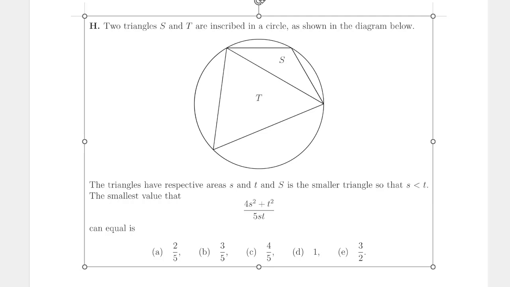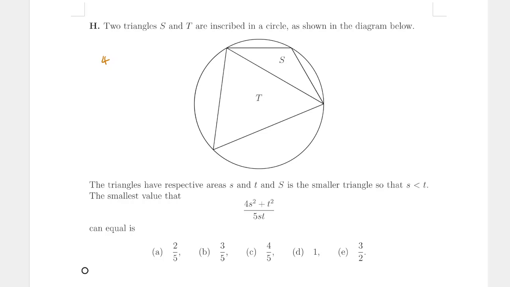Okay, so the idea that they do, which I never thought of, is that they simplify this into (4/5)(S/T) plus (1/5)(T/S). All right, and what does this equal to? This equals (4/5)(S/T) plus (1/5)(S/T) to the power minus 1.